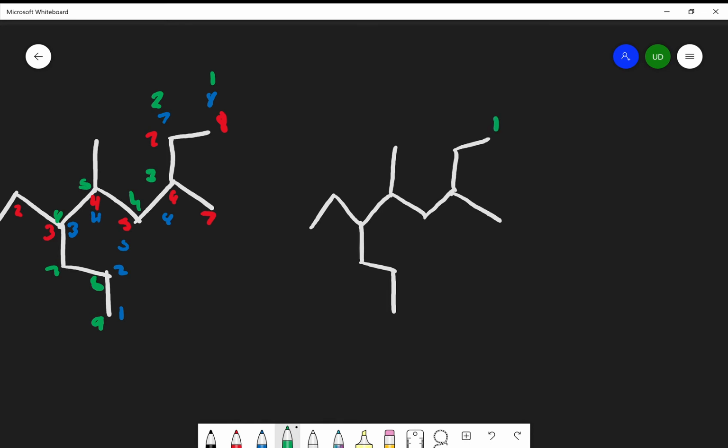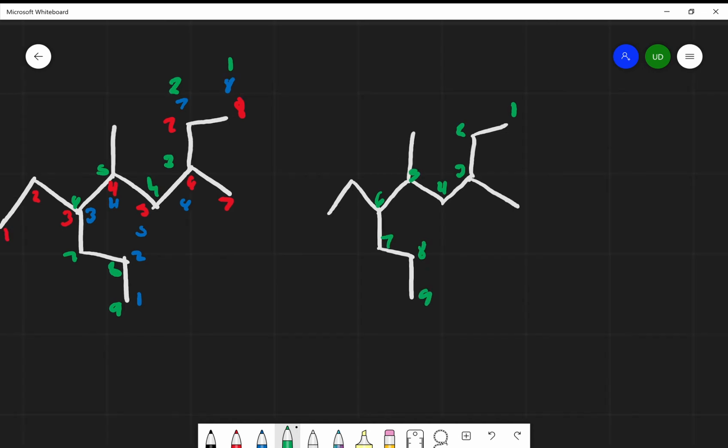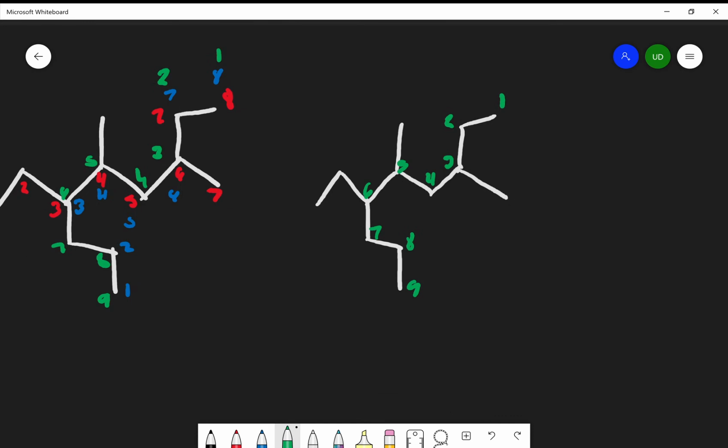So we wanted to start our numbers from up here because our first substituent would be on carbon number 3, right? So 3, 4, 5, and then we'll have one on 5. And then we'll have one on 6, 7, 8, 9. Okay.